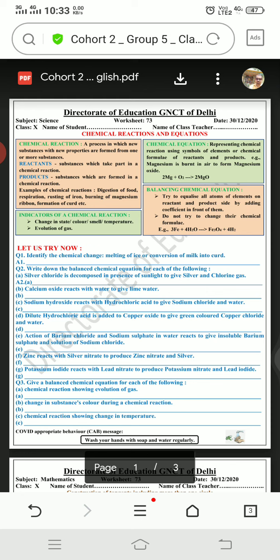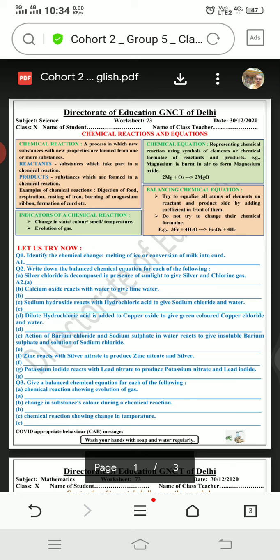And we represent the reactant and product by symbols of elements and the formula of molecules, like burning of magnesium ribbon. So magnesium ribbon, when burned, it produces magnesium oxide. So magnesium and oxygen are the reactant, and they produce magnesium oxide after burning is the product.